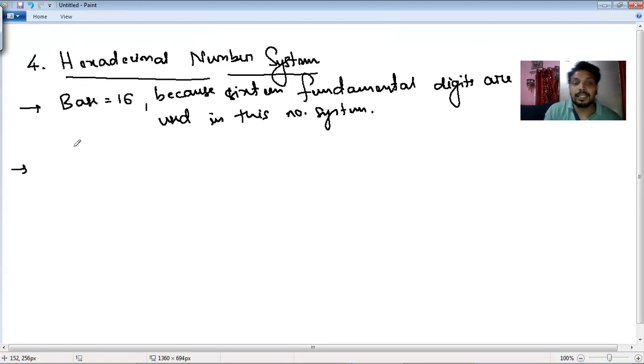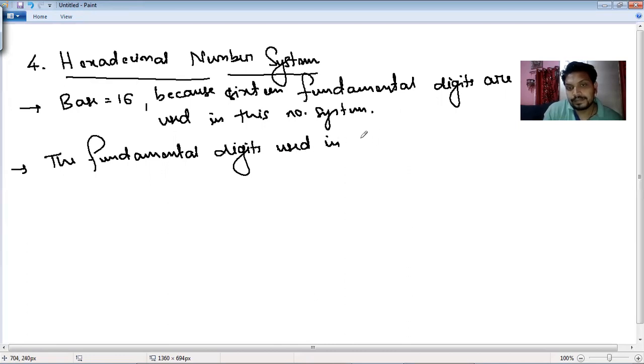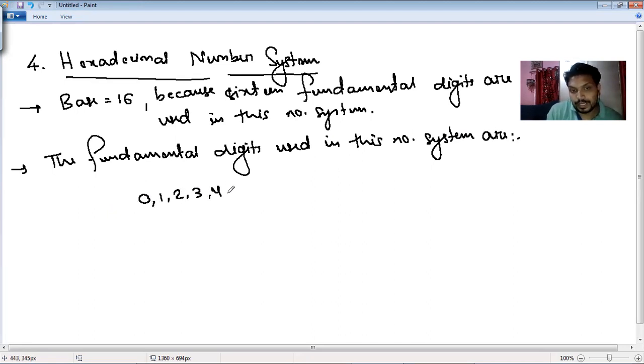The fundamental digits used in this number system are 0, 1, 2, 3, 4, 5, 6, 7, 8, 9, and we cannot use 10.